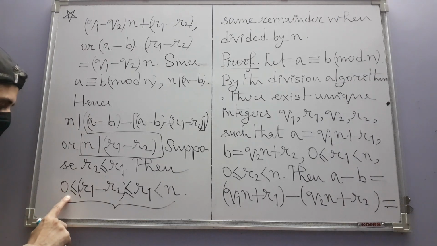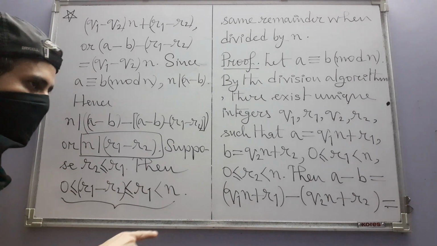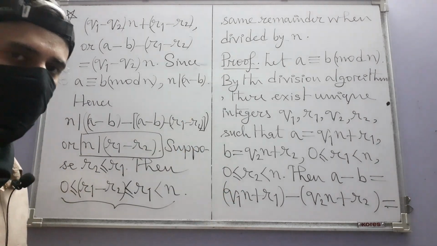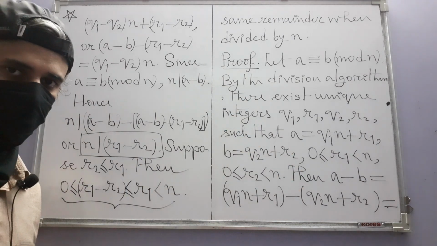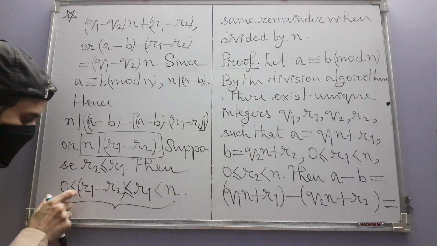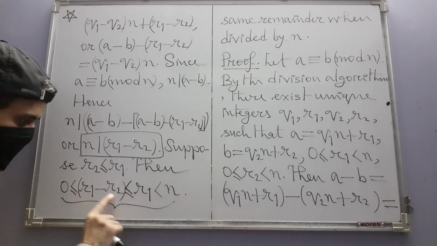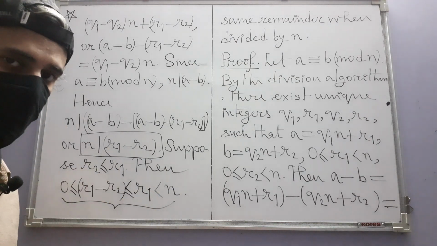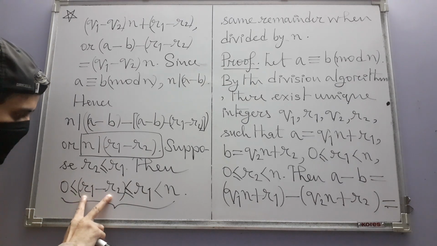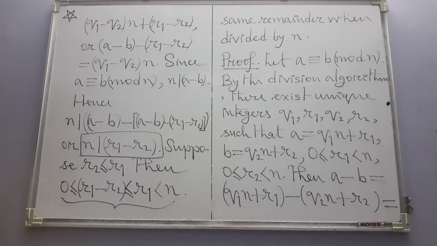The first multiple is 0, then n, 2n, 3n, and so on. This can be none of those positive multiples. So that means it has to be equal to 0, and that's because this is strictly less than n, so it's also less than 2n, 3n, and the other multiples. So the only possibility is that this has to be equal to 0.